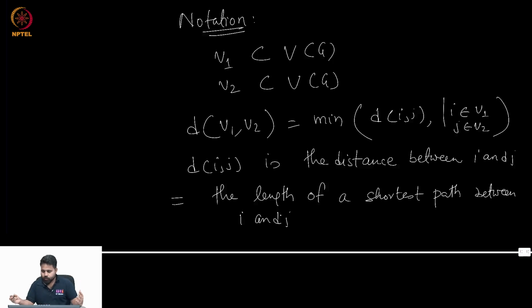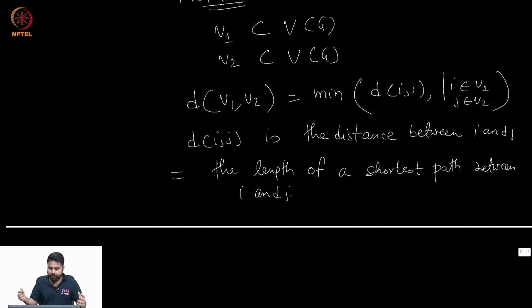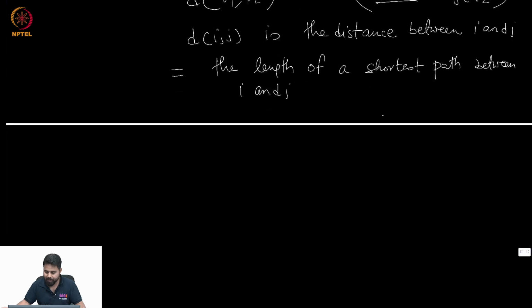Shortest means in terms of the number of edges we use to reach from i to j, so the length is the number of edges in that path. So d(V1, V2) is now clear; it is a minimum over all these quantities. Very good, now we are ready with the first bound on the algebraic connectivity.